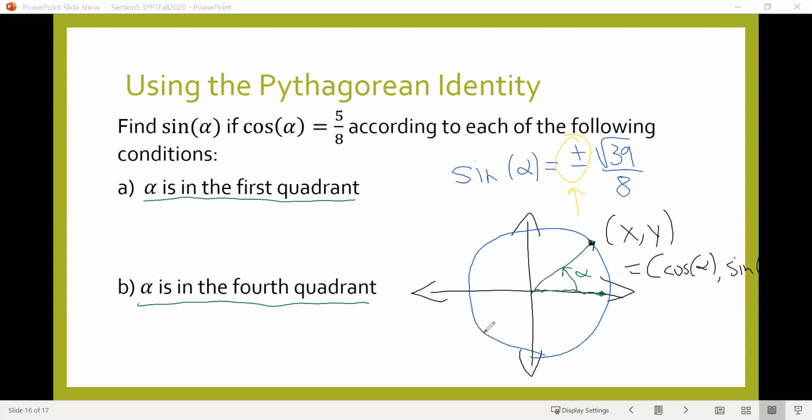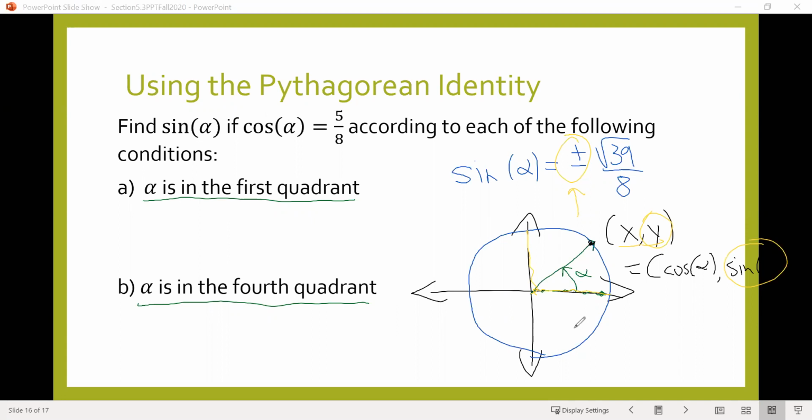Now, because we're in the first quadrant there, what can we tell ourselves about the points x and y here in terms of their signs? They should both be positive, right? Because we know all x values along here will be positive, all y values along here would be positive. So what that tells us is, because the sine value comes from the y value, that it has to be positive.